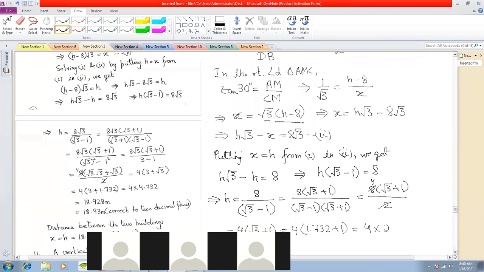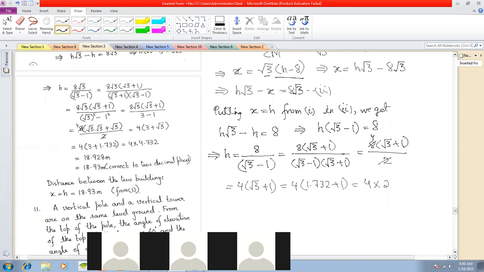So this should also be 8 root 3, and now it will cancel here, but root 3 will be there. So you have to multiply everything by root 3.